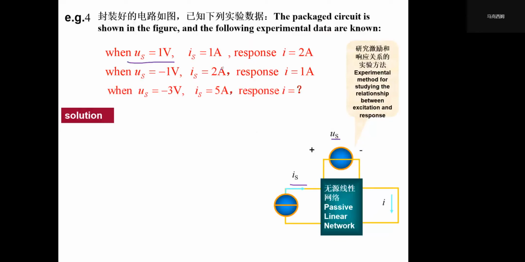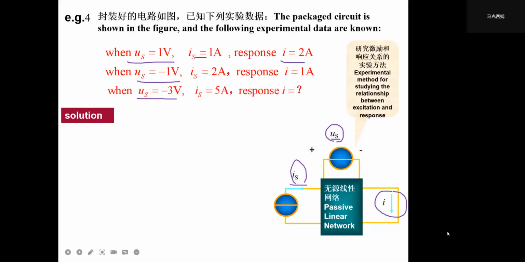We can measure a current here, I, and we have a 1 ampere I here. So the question is, if we put -3 volt US here and 5 amp IS here, what is the response of the current I?